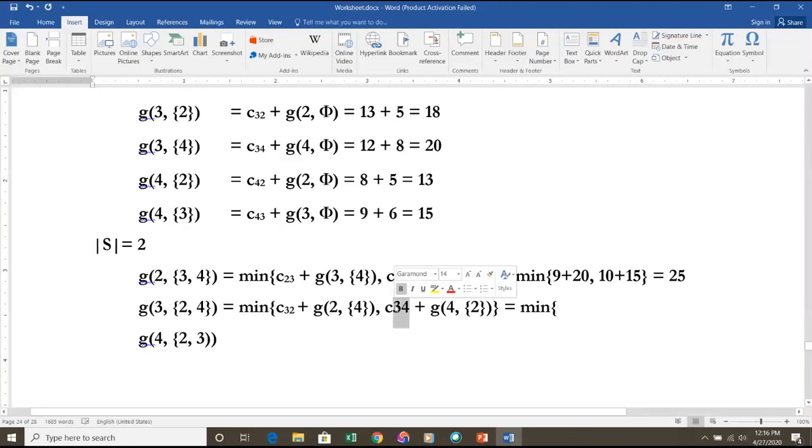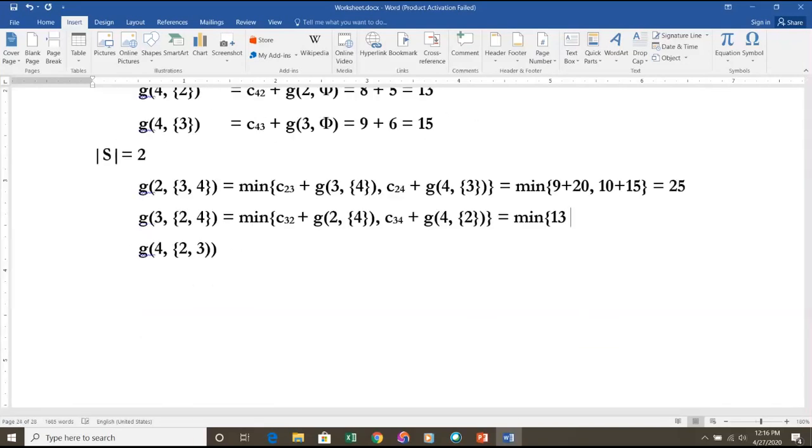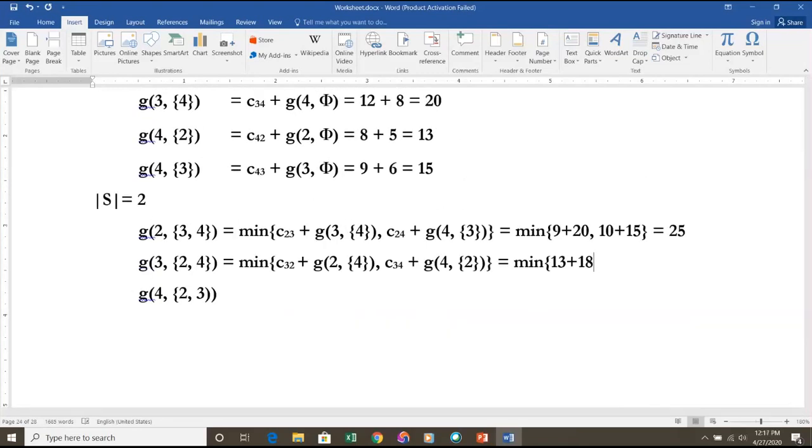Just see the values. 3 to 2 is 13, 3 to 4 is 12. 13 plus g of 2 4. G of 2 4 is 18. C of 3 comma 4 is 12 from the above matrix. G of 4 comma 2 is 13. Minimum is 25 itself.